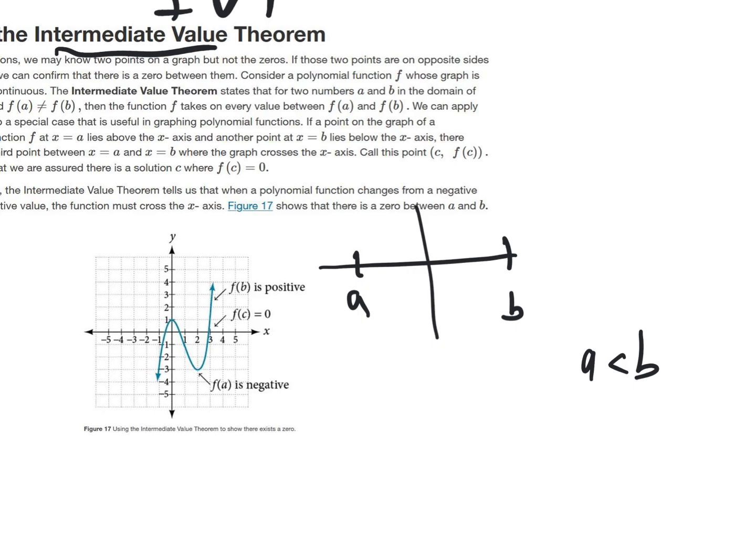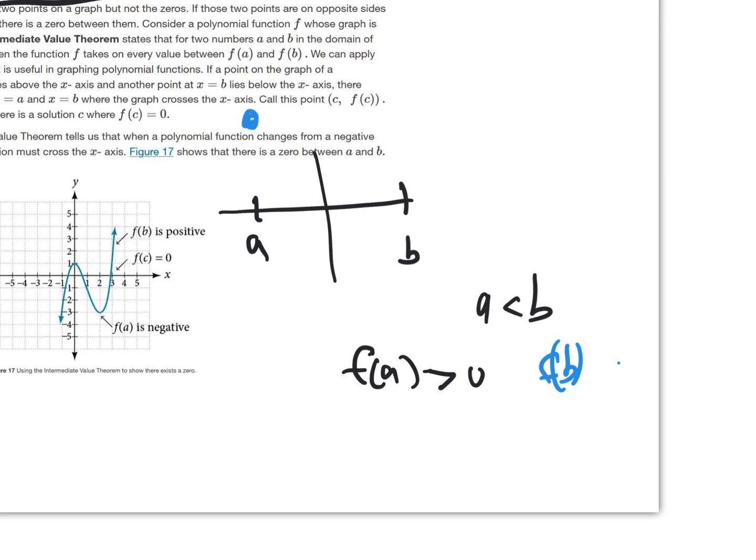And if you're graphing something and you plug in f of A, and f of A is, let's say, greater than 0, all that means is you have a value up here somewhere. And then you look at f of B, and you find out that it's not positive, that it is less than 0. Well, that means it's down here. Well, what does that mean then? That means you have to have 1 zero, at least 1 zero.